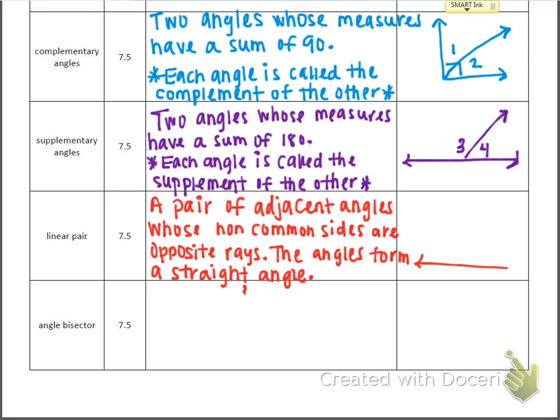So this one's going to be very similar to what we just did, but let's put some points on it. So here we would have angle ABD and angle CBD are also called a linear pair. Okay? So they are supplementary adjacent angles is what a linear pair is. Notice how BA and BC are opposite rays, and they form a straight angle.